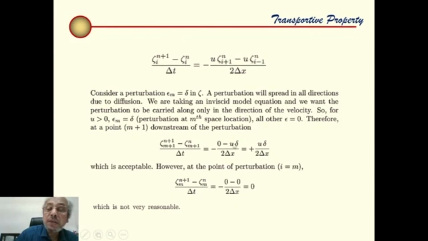In the earlier case we substituted the perturbation, but here at the m plus 1th point, no perturbation, and at the m minus 1th point, no perturbation, 0. This is not very reasonable, because after giving a perturbation, at the very next time step you are not able to feel anything there, no quantity there.